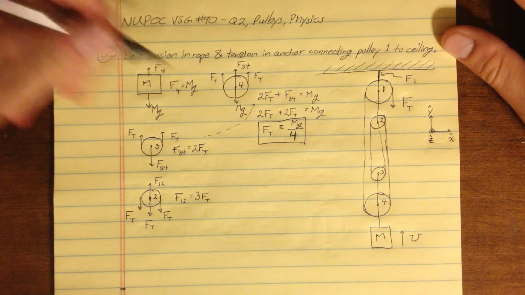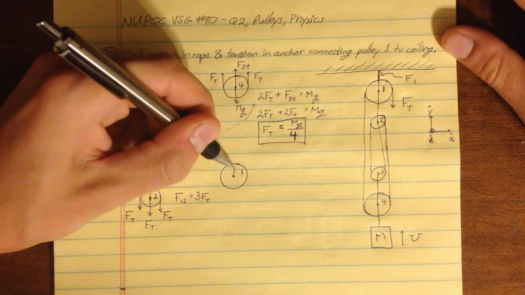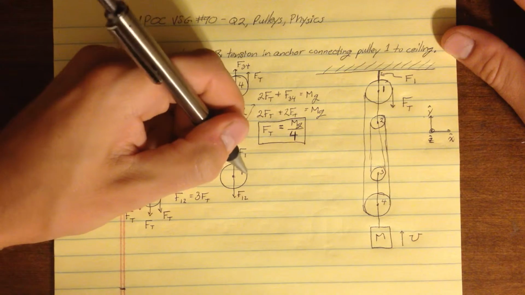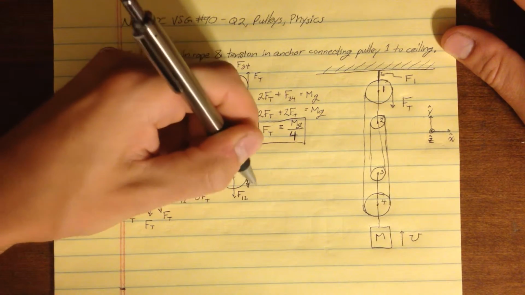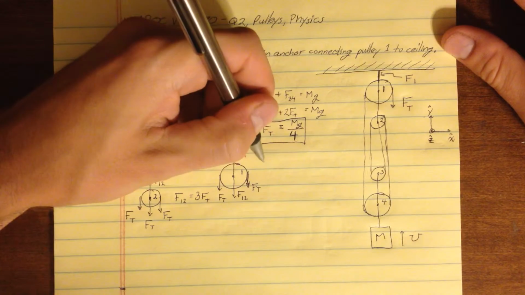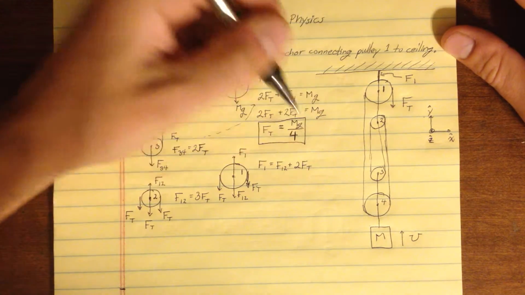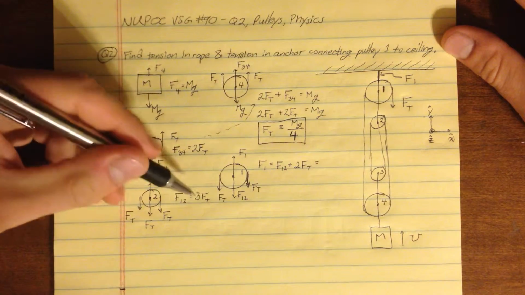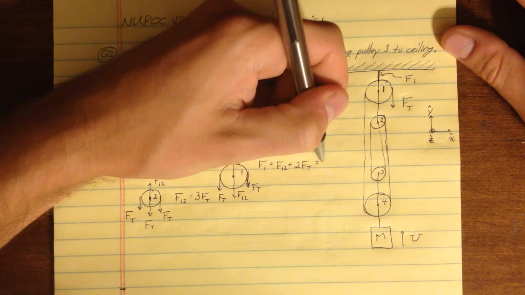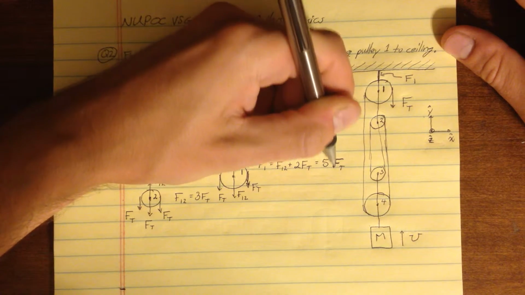Now let's look at pulley 1. This is pulley 1, and we have F1 pulling up, F12 pulling down, plus Ft and Ft, rope tension pulling down on both sides, so we can say that F1 equals F12 plus 2Ft, and we know that F12 is 3Ft, so we have 3Ft plus 2Ft equals 5Ft.